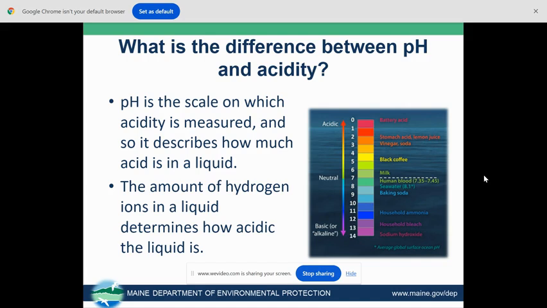So in the case of pH, we're talking about small numbers, the concentration of hydrogen ions. All right. And the amount of hydrogen ions in a liquid determines how acidic it is. So we would say something is acidic if it has a high concentration of hydrogen ions. We would say something is basic if it doesn't and it has more hydroxide ions. All right.